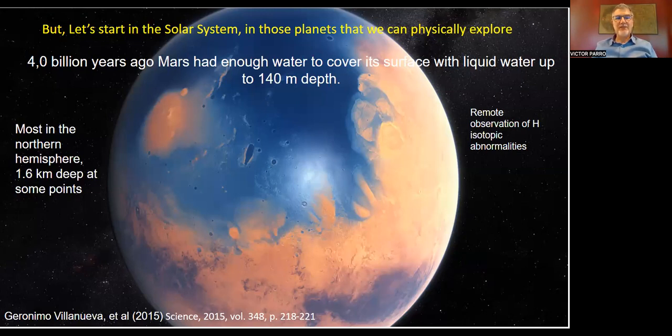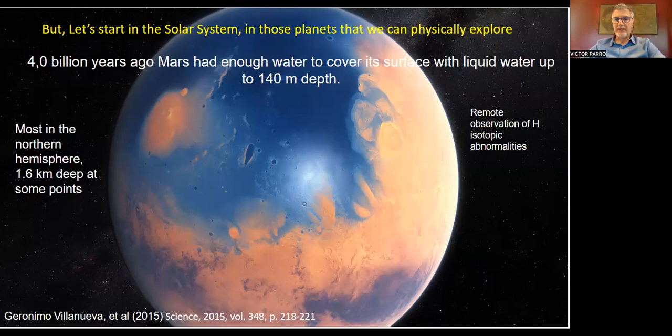We know from data in many missions that Mars has had enough water to cover big regions of the planet, accounting for an ocean of nearly 140 meters depth, most of it in the northern hemisphere. There was abundant water.